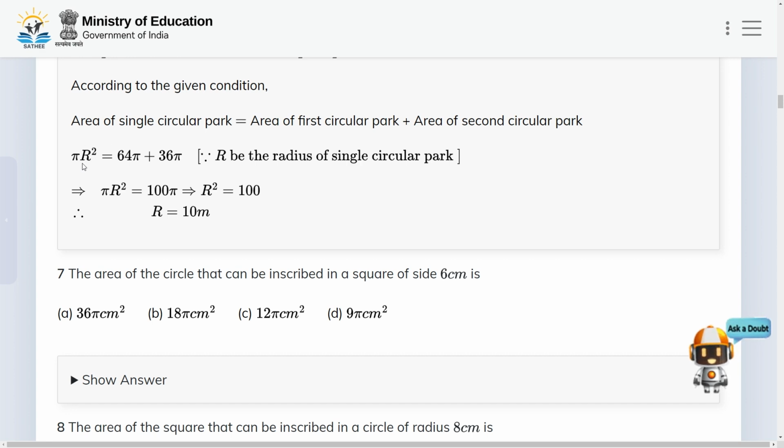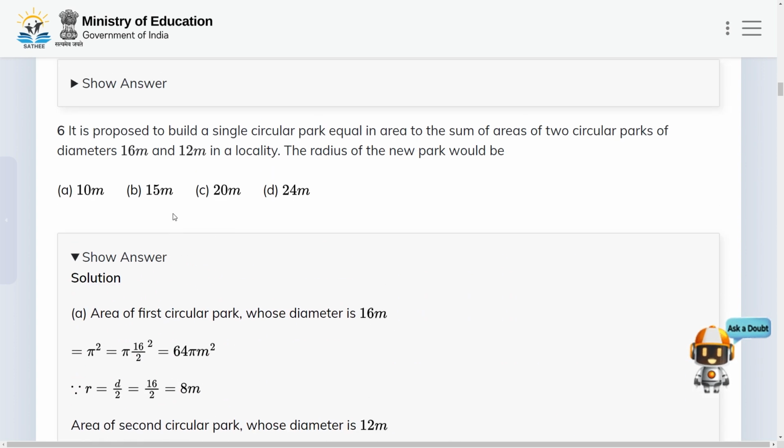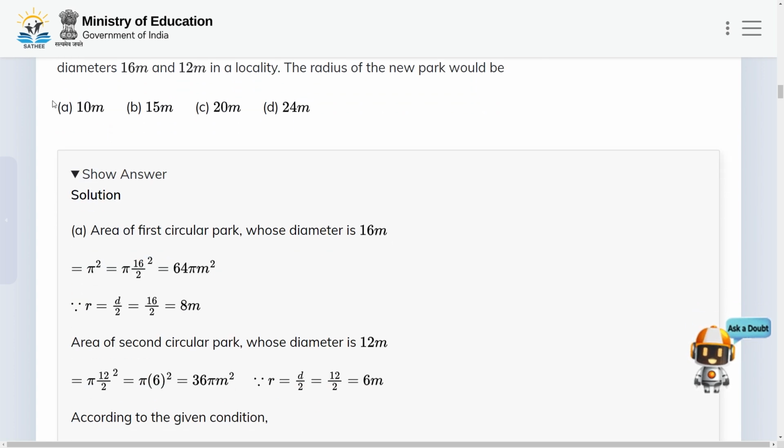So pi r square is equal to 64 pi plus 36 pi, which implies pi r square is equal to 100 pi, which implies r square is equal to 100, and r is equal to 10. So the radius of the new park would be 10 meters. The correct answer is option A.